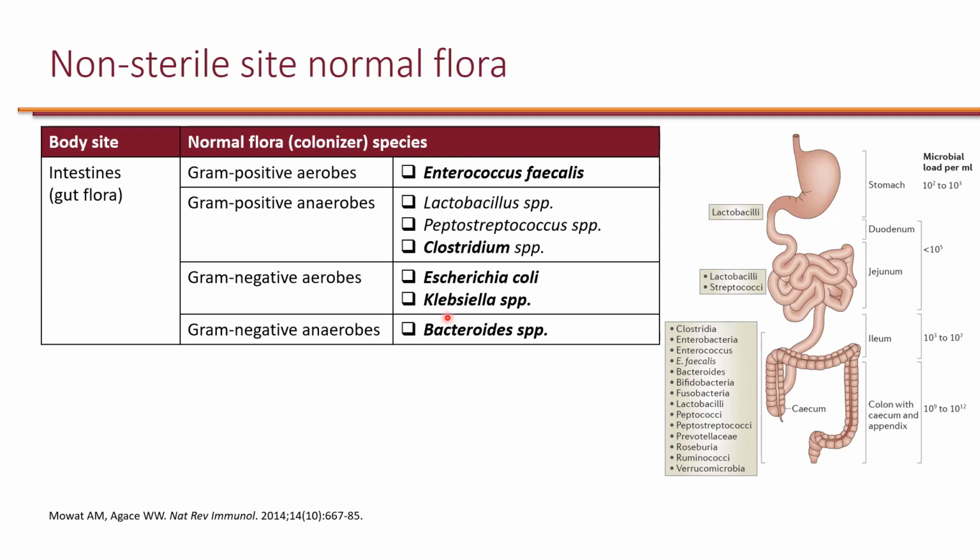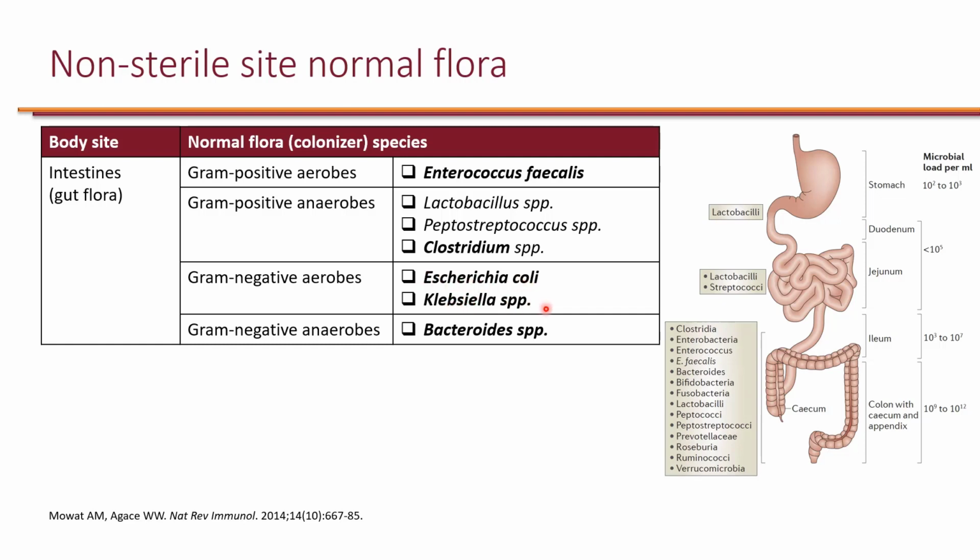But you can pretty much see that these are mostly Enterococcus faecalis, which resides in the GI tract. Different species of Clostridium. A lot of these are anaerobes because this is an anaerobic environment for the most part. But some aerobes can survive here too. So Enterococcus is definitely aerobic and can have a big role here, as well as members of Enterobacterales.